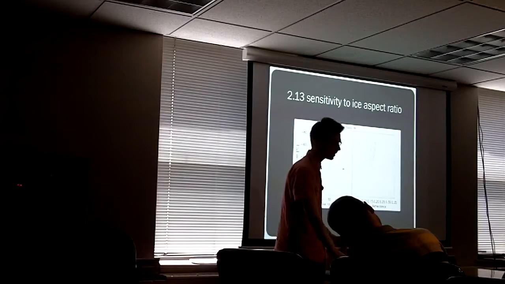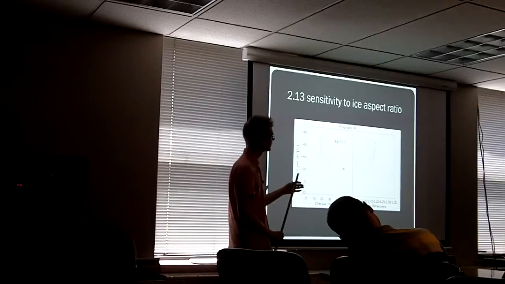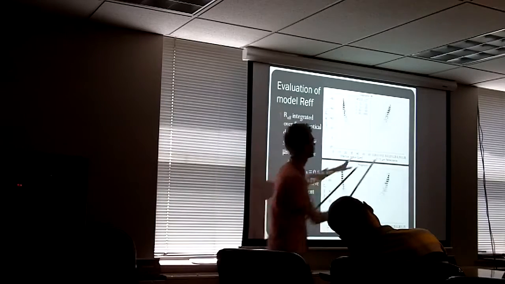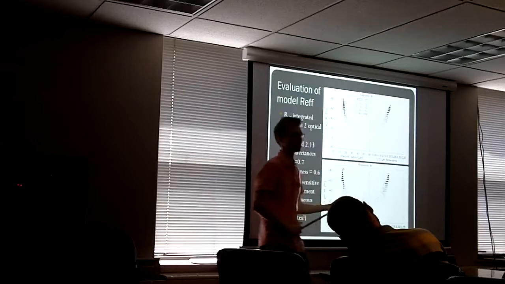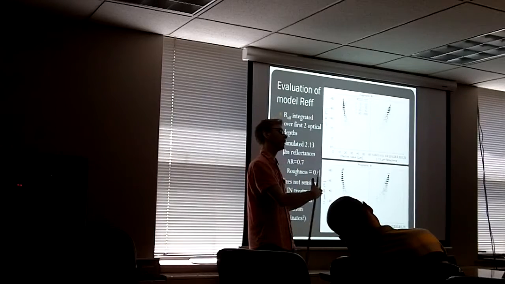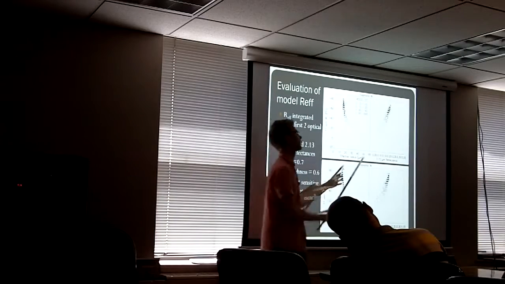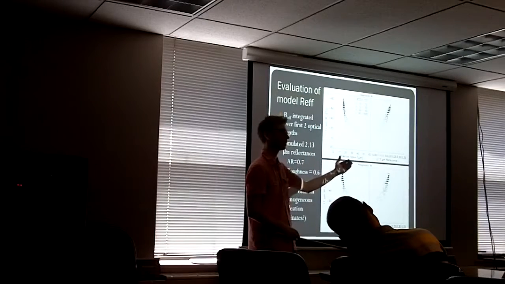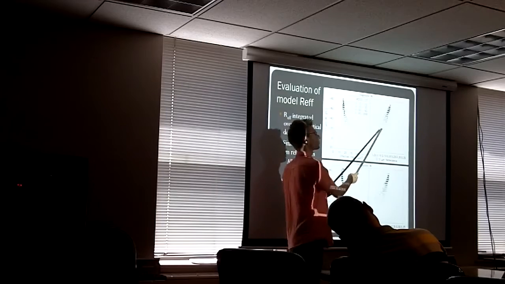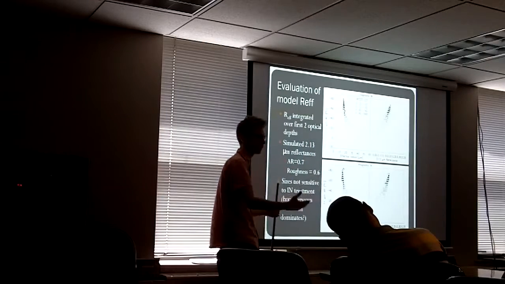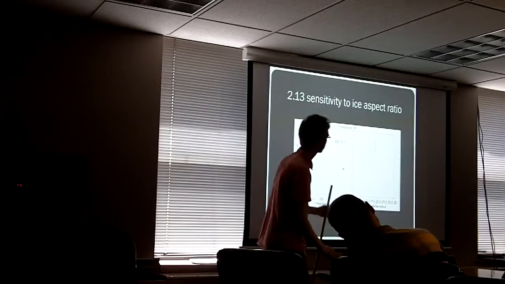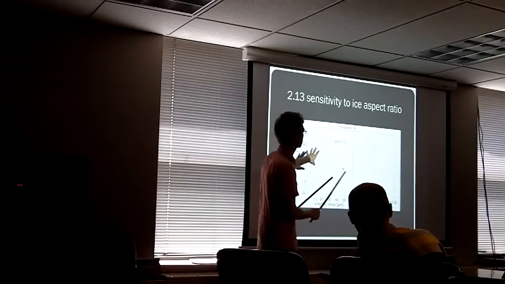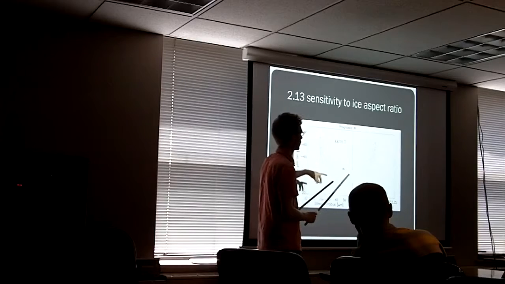Finally, I want to say something about aspect ratio. I formally simulate these reflectances, but like I said, I have aspect ratios closer to 1 in the cold tops and more extreme aspect ratios in the warmer tops. To show a sensitivity to that aspect ratio, this is again similar to the plots I showed earlier.